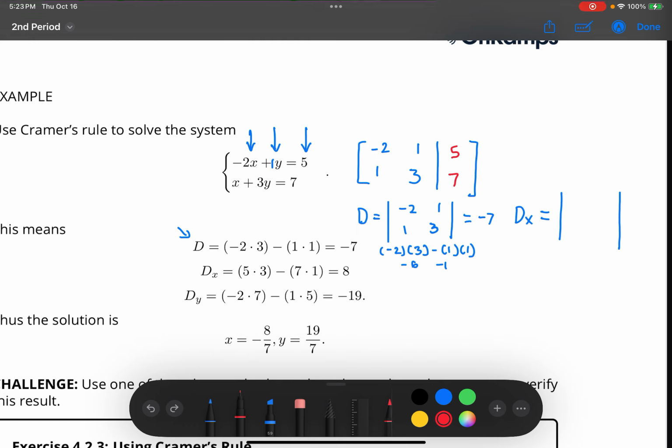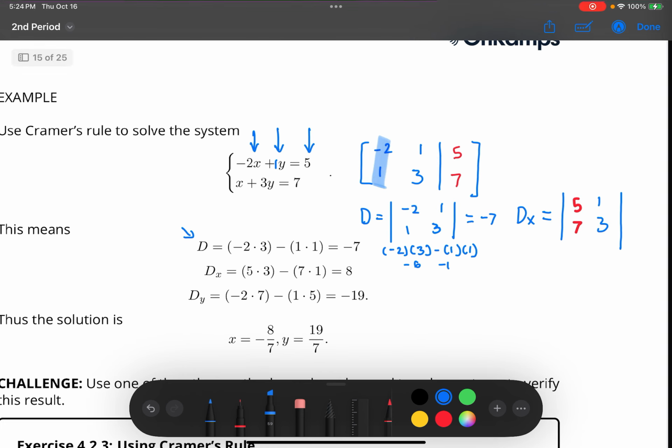So let me actually draw it for you. That's the reason I wrote that column in red, so you could see how I was moving things. I'm going to write that 5, 7 right there, and then we have a 1 and a 3. Notice what happened: I replaced this column with this column.